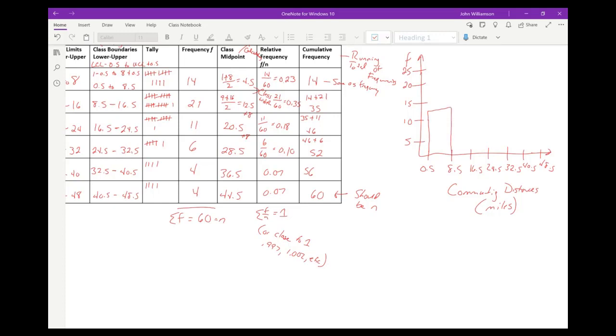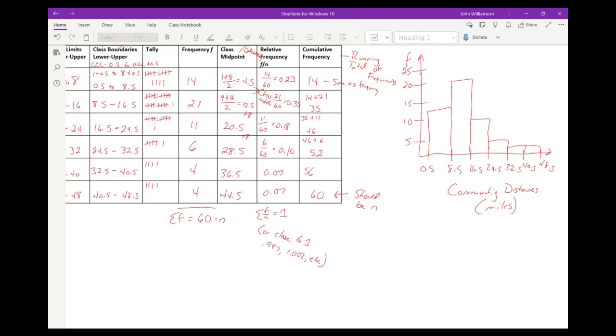So 0.5 to 8.5, so that class 1 to 8 had 14 data values. 8.5 to 16.5 had 21. And so on down. So we had 11, 6, 4, and 4.